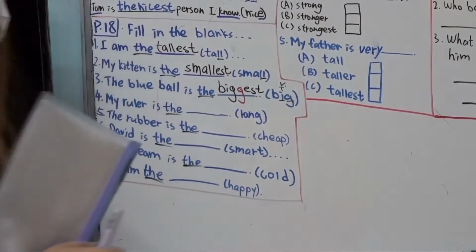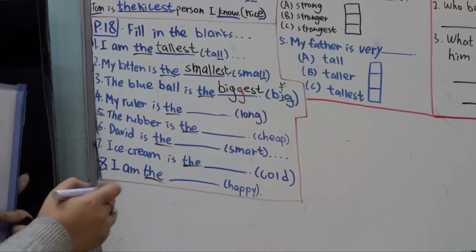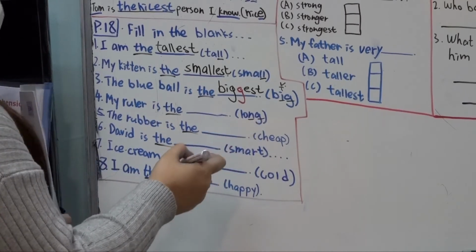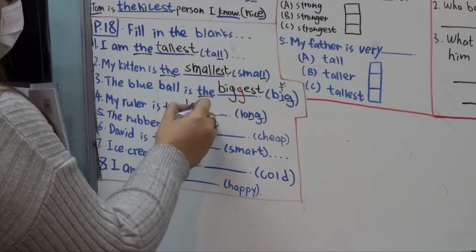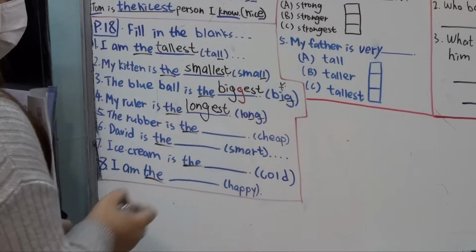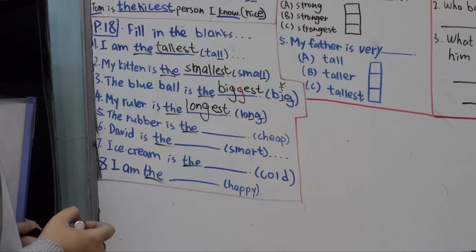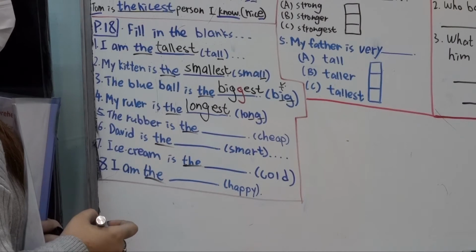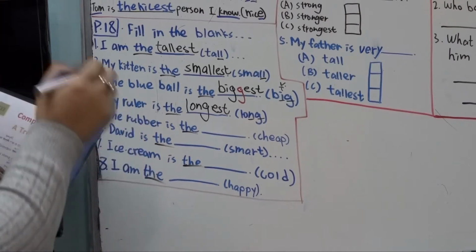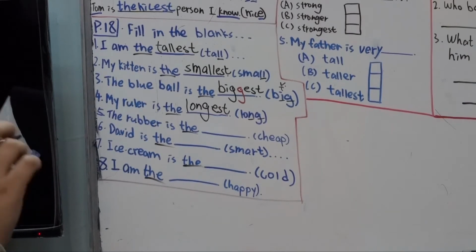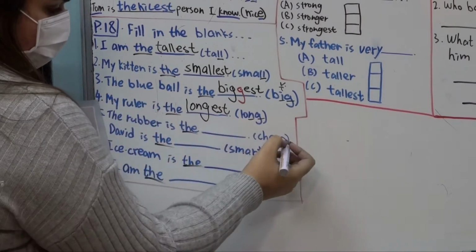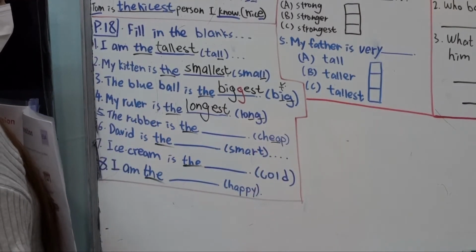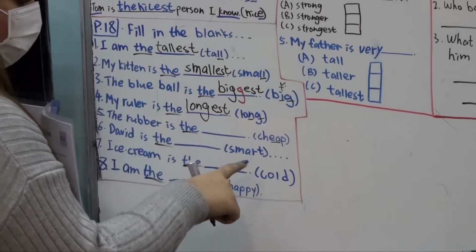Okay, my ruler is the longest. So consonant, consonant. Nothing special, right? So we just add EST. Okay? Number 5. The rubber is the cheapest. So here there are 2 vowels, and it is a long vowel sound, right?